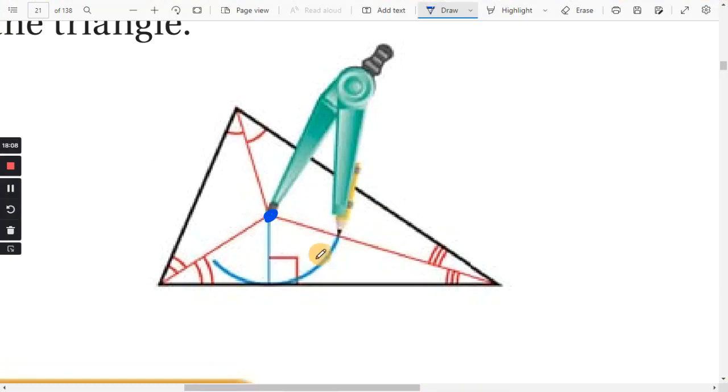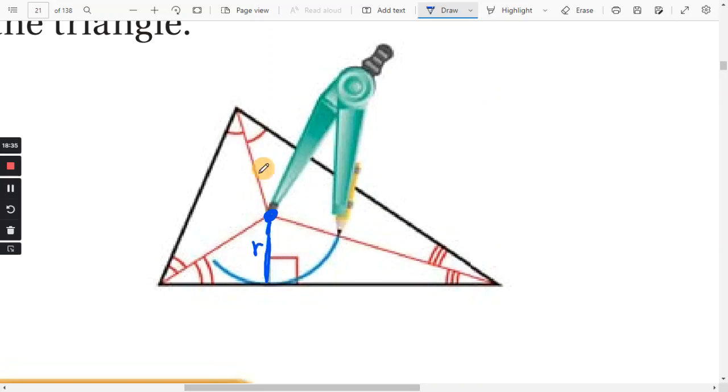And if you drew a circle using that point as the center, and if you drew it the correct size, the circle would just hit each side of the triangle. Okay, so you use the distance here from the center to the side of the triangle. That's going to be your radius, R.